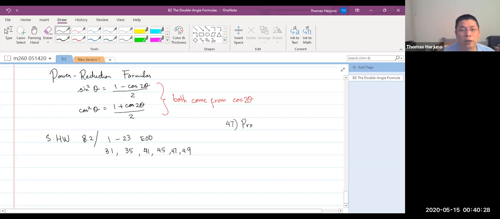Prove that 2 sine squared of 45 degrees minus theta equals 1 minus sine 2 theta. Proof.